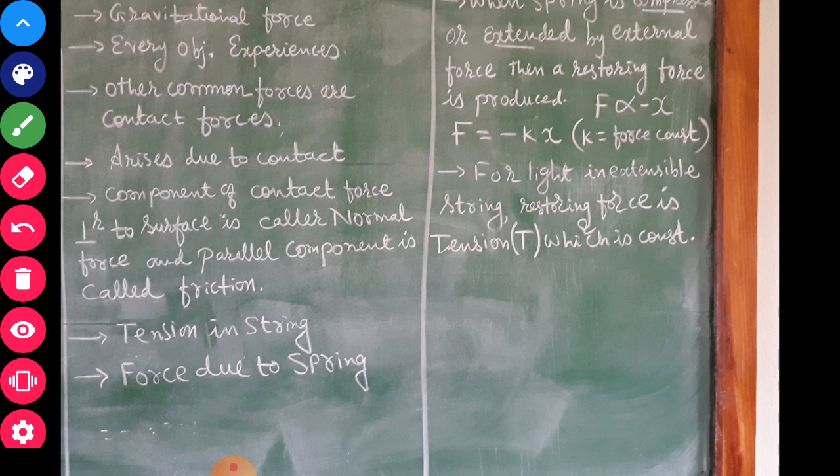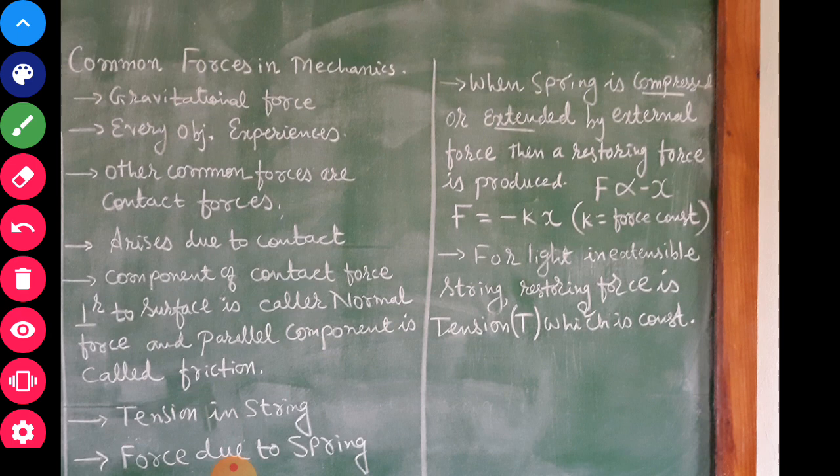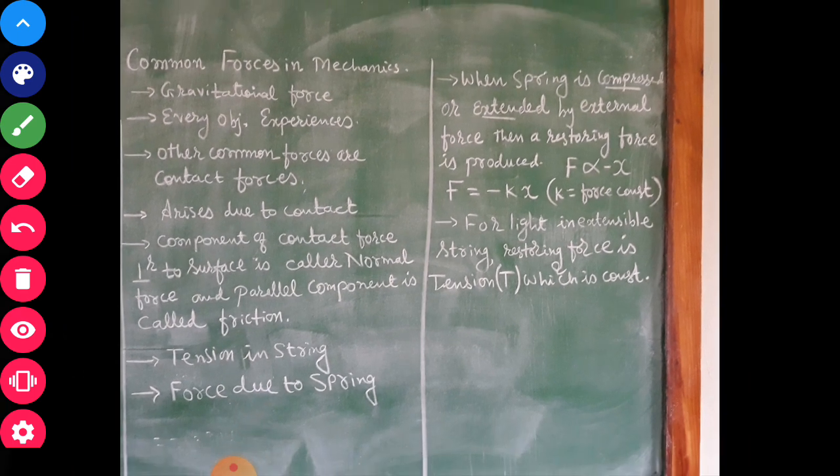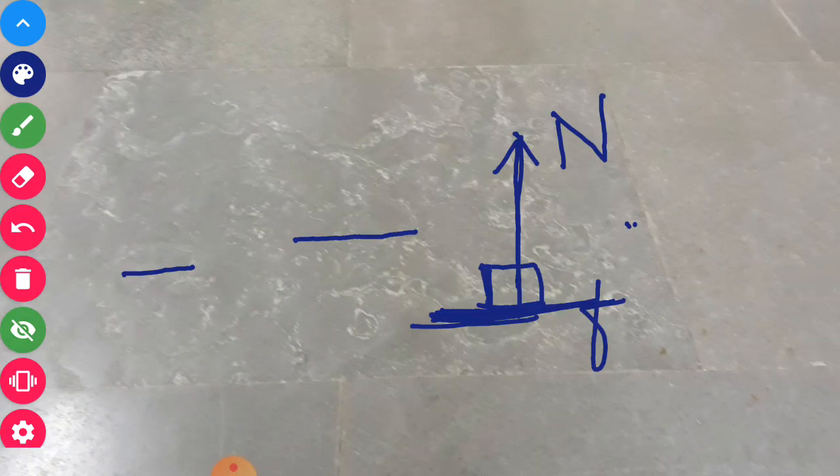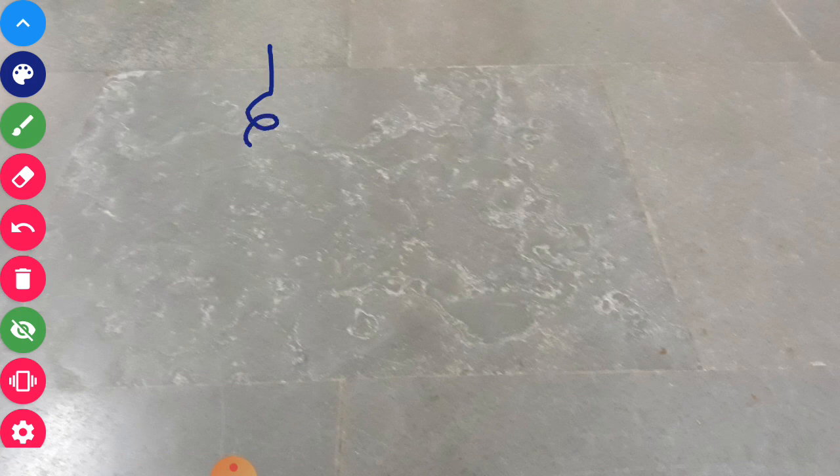Now, force due to a spring. Consider any spring, say for example you have this kind of spring. This is a spring in its normal condition. Now when you apply a mass at the end of the spring, the length of the spring increases.